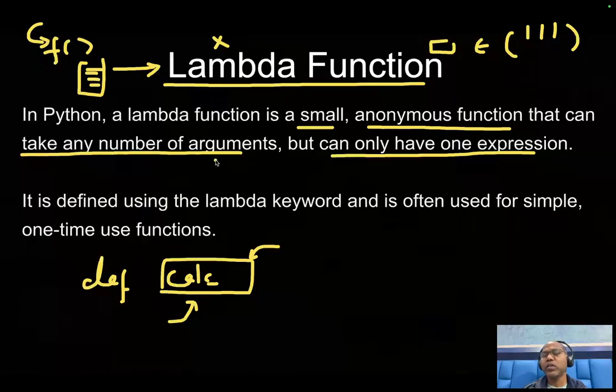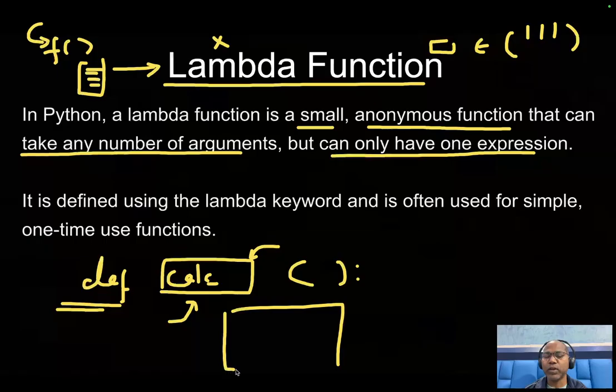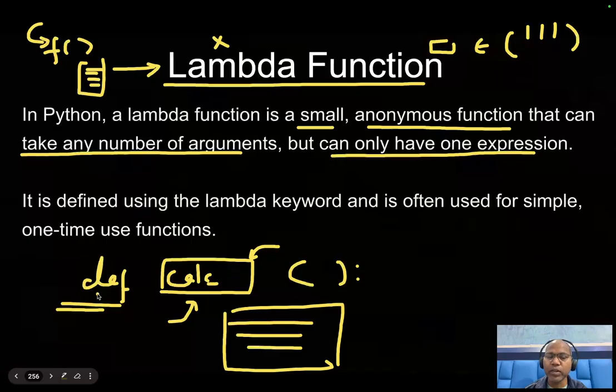The question is: how does Python know that the function you define is a lambda function or an ordinary function? Whenever you define an ordinary function, we generally use the keyword def, your function name, your argument list, and your function body. This is the way we define a regular function. But a lambda is defined with the lambda keyword.